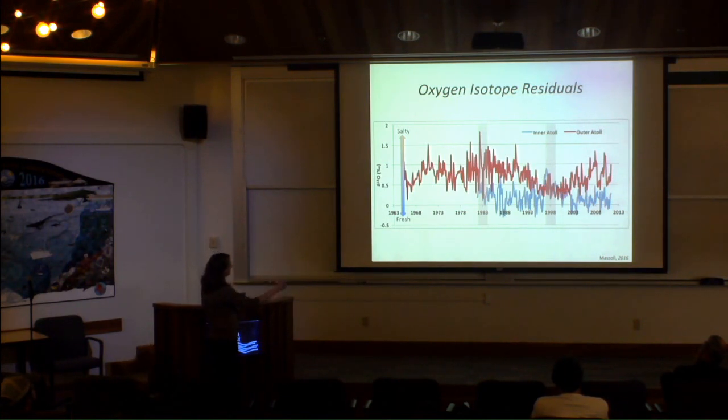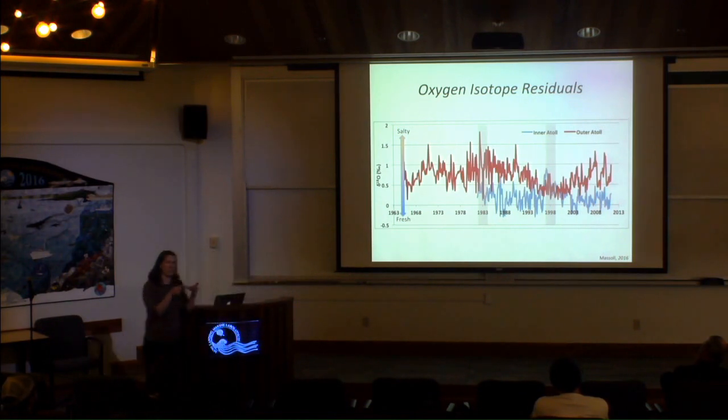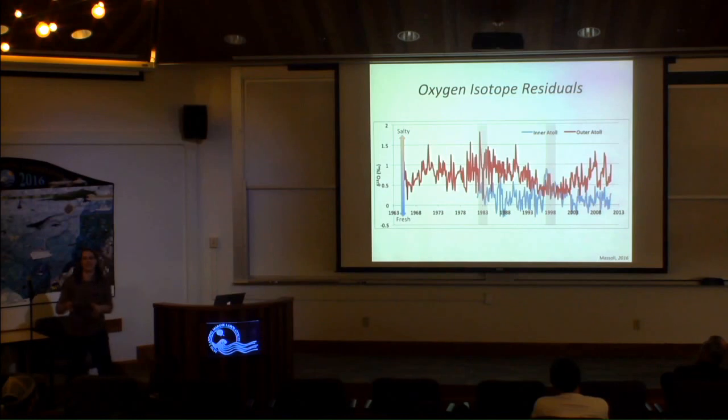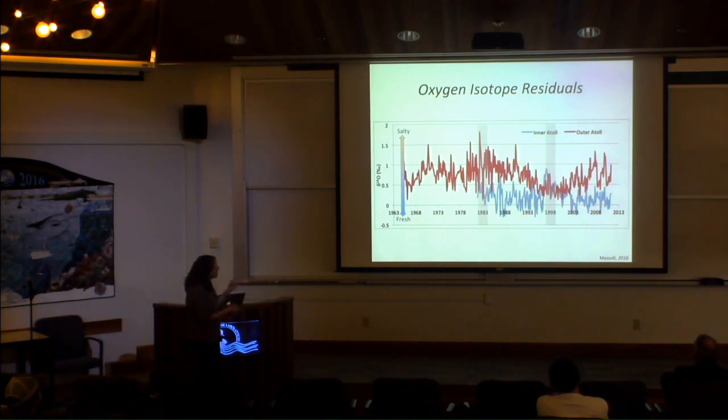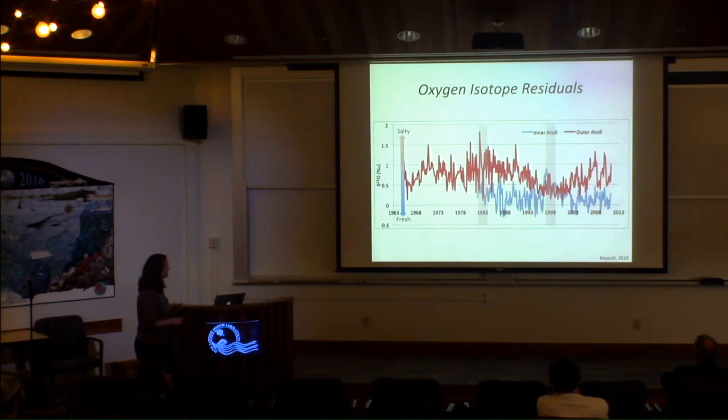And then the inner atoll is getting saltier because it's usually fresher and you're flushing in a little bit more salty water, so they tend to converge during this time. But we don't have enough from the inner atoll to get before the 82, 83 El Nino to have the smoking gun on that.